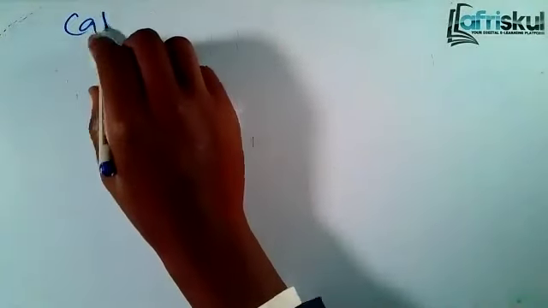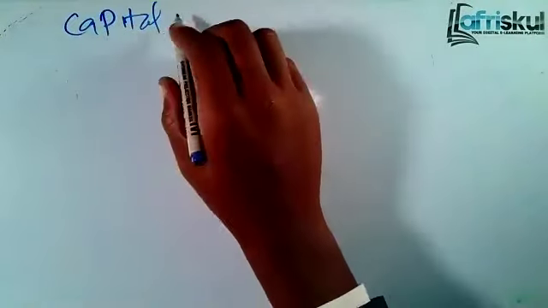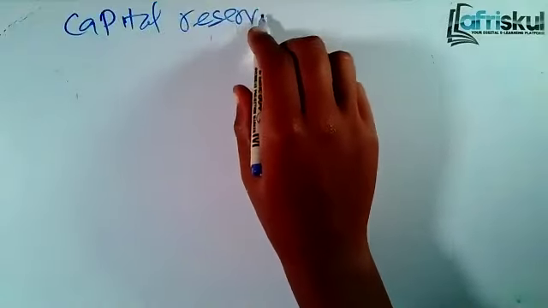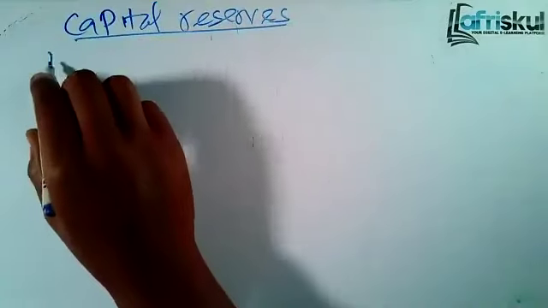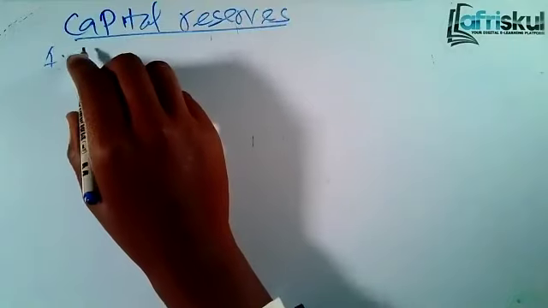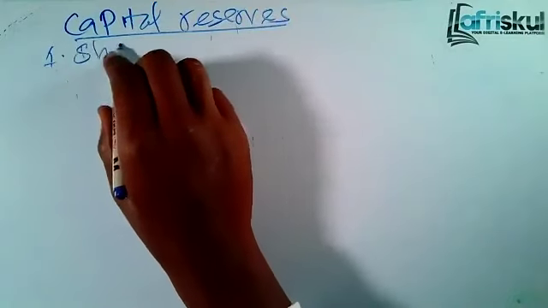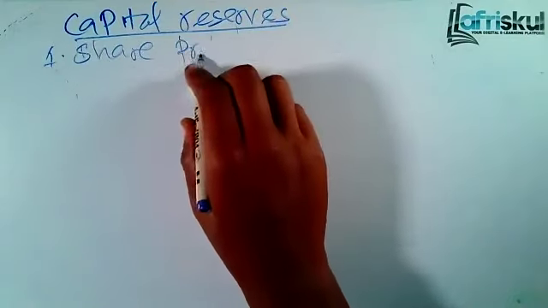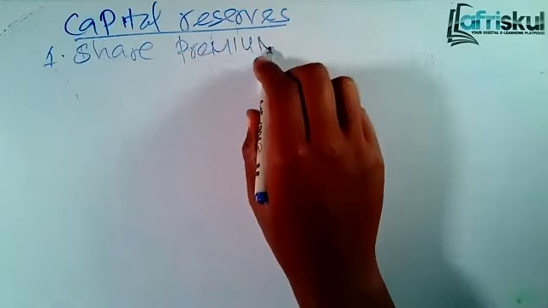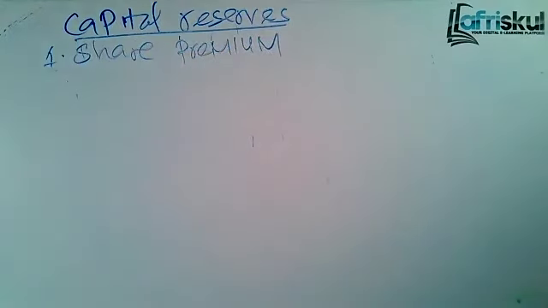And the capital reserves that I'm talking about in this case, number one, for example, we have the share premium, which I've already talked about up there on the issue of shares.